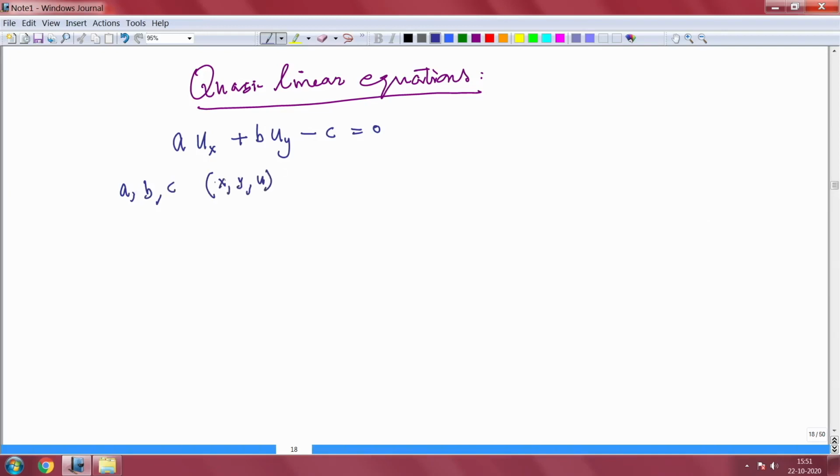It depends on u. So a is equal to a(x,y,u), b is equal to b(x,y,u), and c is equal to c(x,y,u).